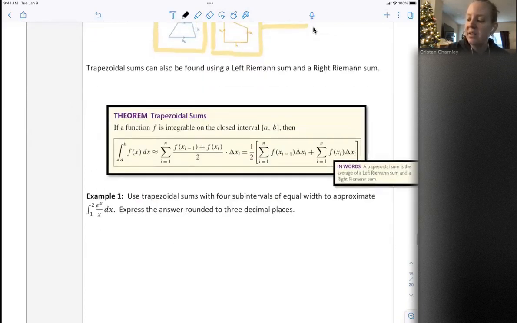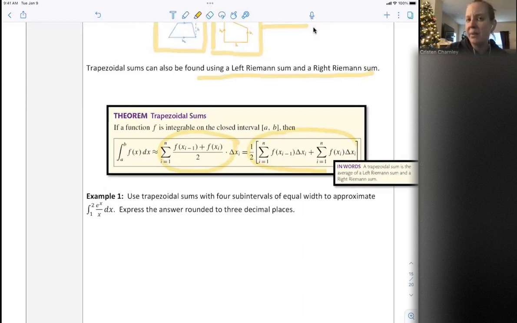Instead of finding just the full trapezoid, they can also be found by using your left Riemann sum and your right Riemann sum. And all of this notation, this is our trapezoid formula. This notation on the right with the sigmas is the average of the left and the right.